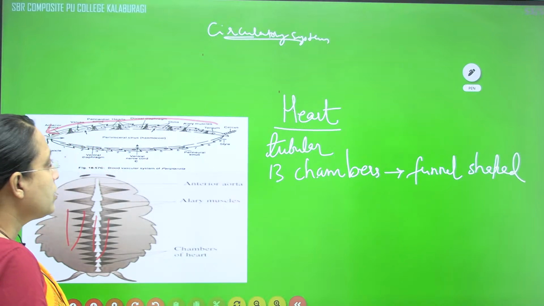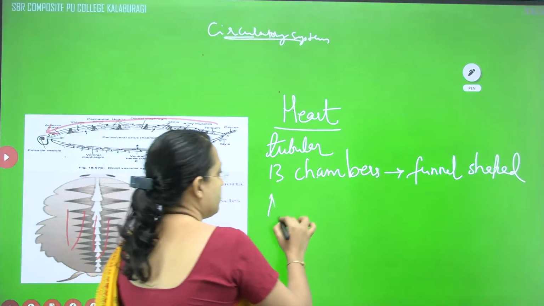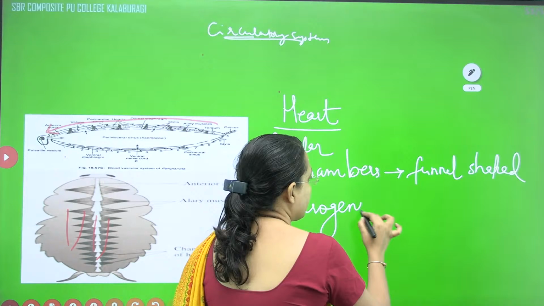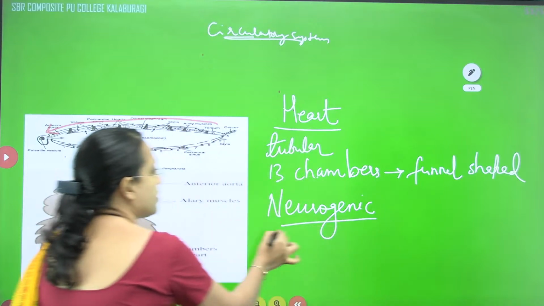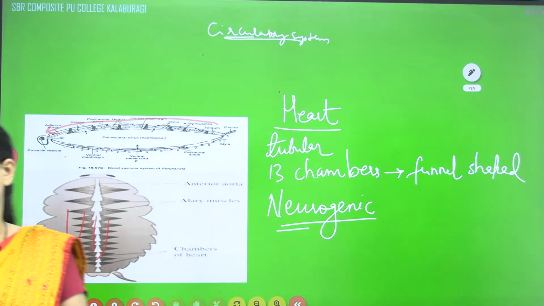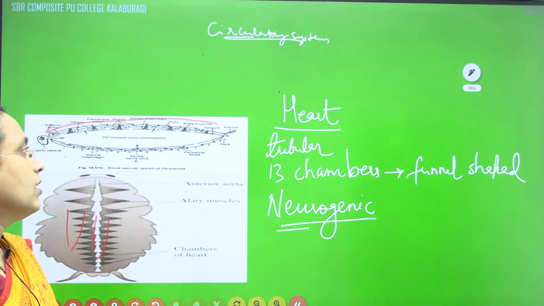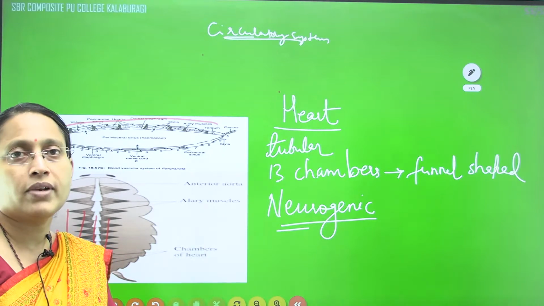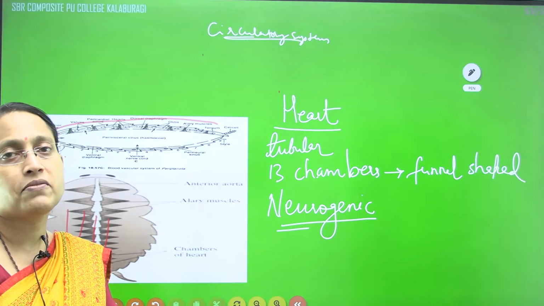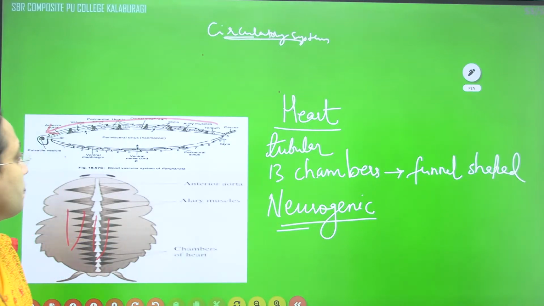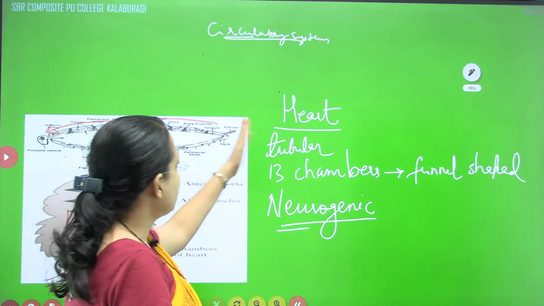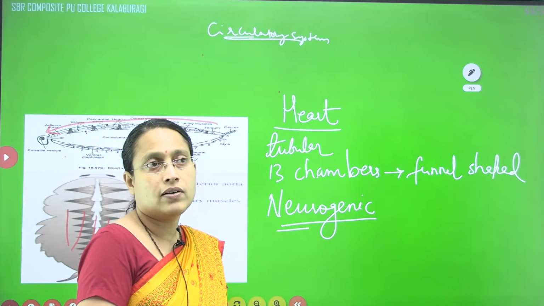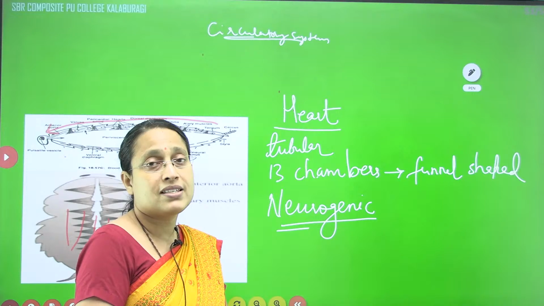The type of heart present in the cockroach requires a stimulus from the nervous system, and therefore it is called a neurogenic heart. It's not a myogenic heart. It is not autostimulatory. It does require stimulus from the nervous system. So these are some of the points regarding the type of heart present.